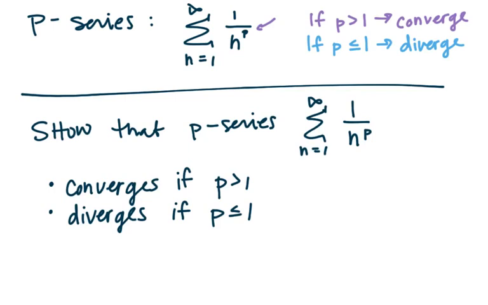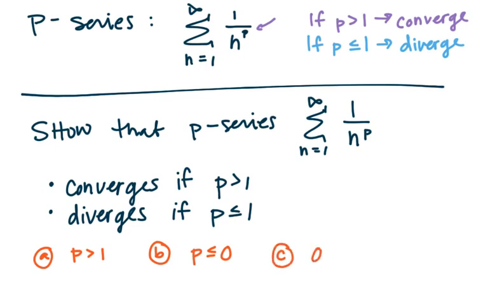So what we're going to do here is prove that this p-series, the sum from 1 to infinity of 1 over n to some p-value, converges if p is greater than 1, and it diverges if p is less than or equal to 1. In order for us to do this, we're going to look at 4 situations. A, what happens when p is greater than 1? B, what happens when p is less than or equal to 0?